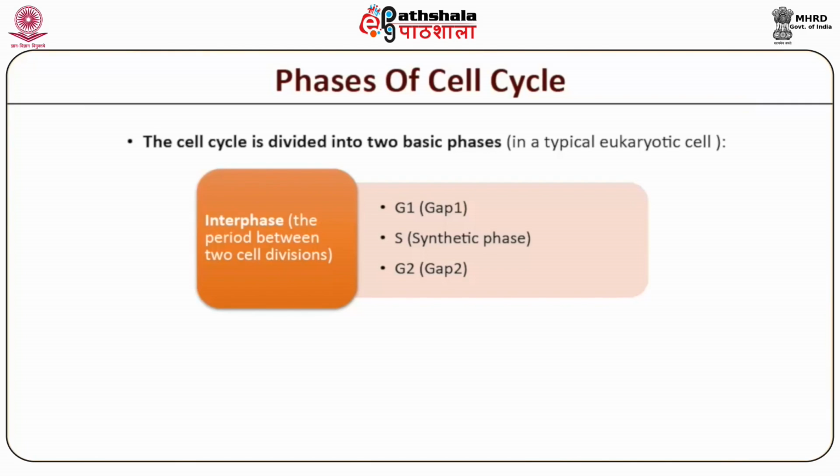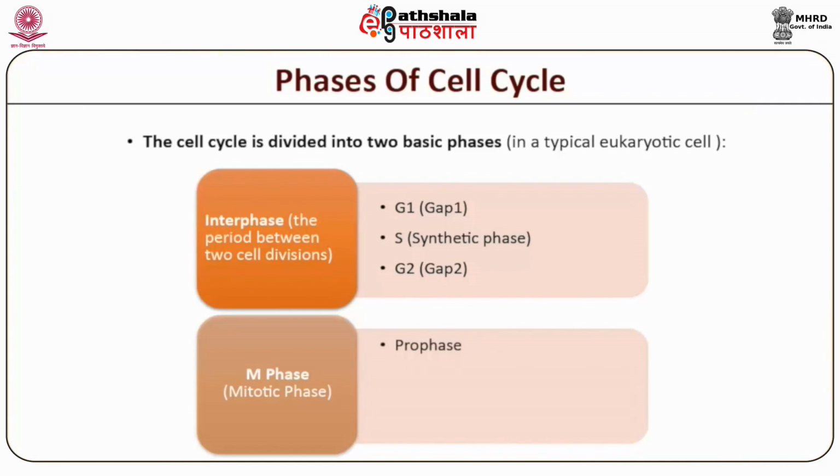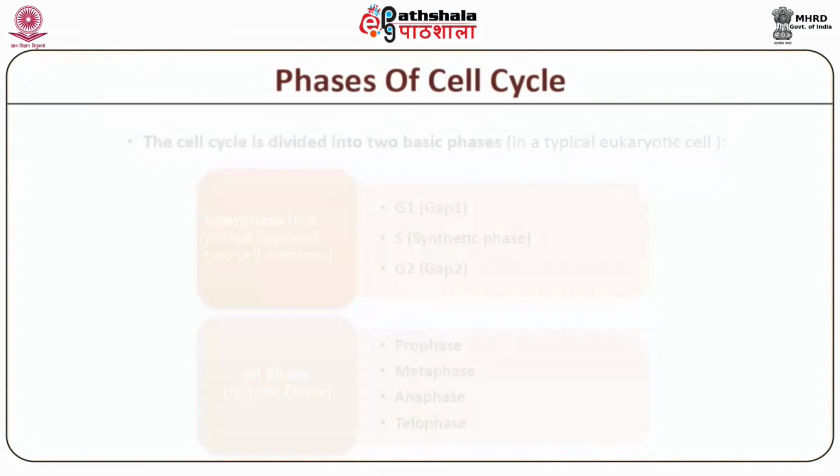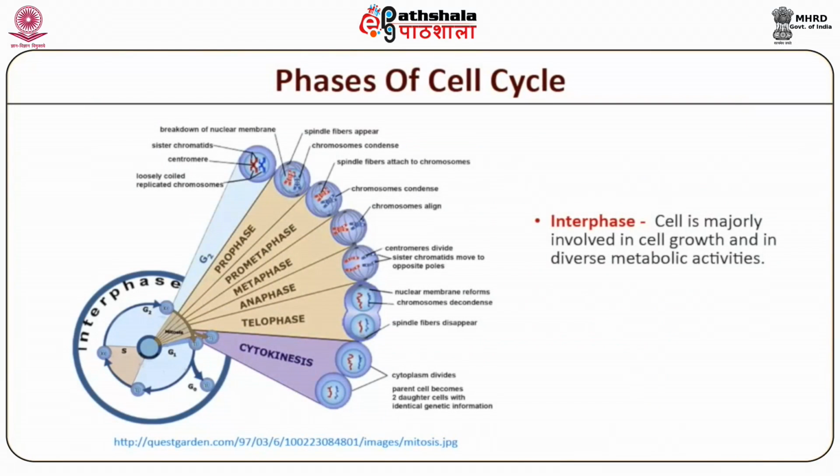This gap is between the S phase and M phase. The M phase, that is the mitotic phase, involves the final phase of cell division, which is further divided into four phases: prophase, metaphase, anaphase and telophase. So, interphase involves cell growth and various metabolic activity. The M phase is the actual division phase. You can clearly see all these phases in the given figure.